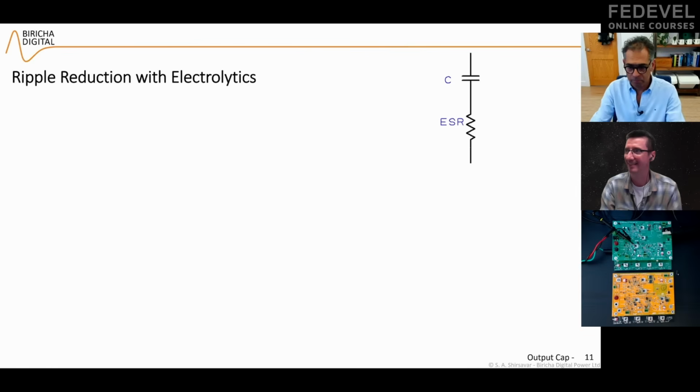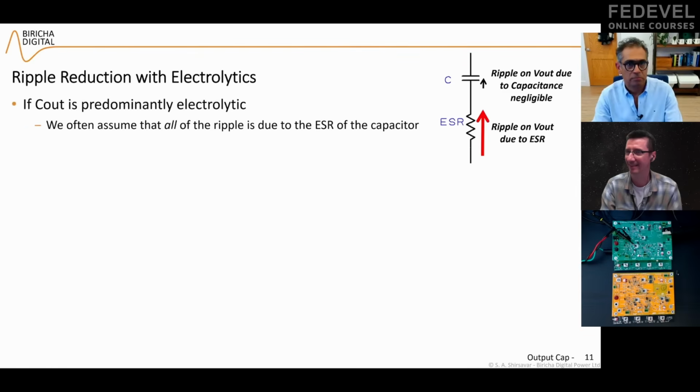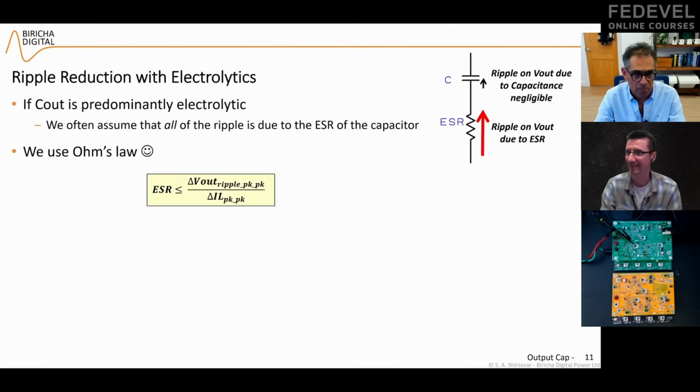So as I mentioned earlier, and as we saw from the measurement, if the output capacitance is predominantly electrolytic, the ripple is a result of resistance. And that is why you get a triangular ripple as opposed to a pseudosine. And if it's a resistor, then it's just Ohm's law.